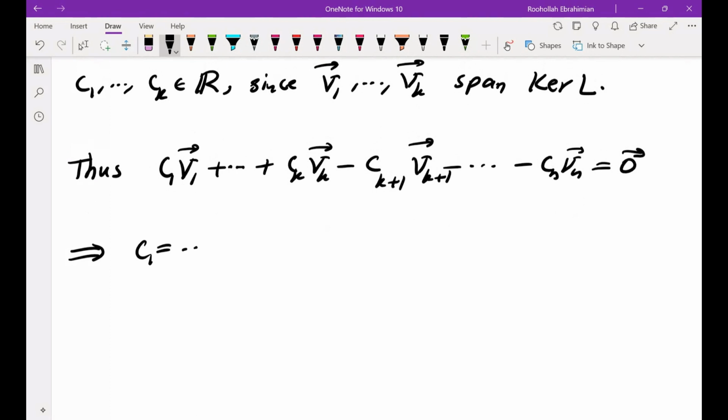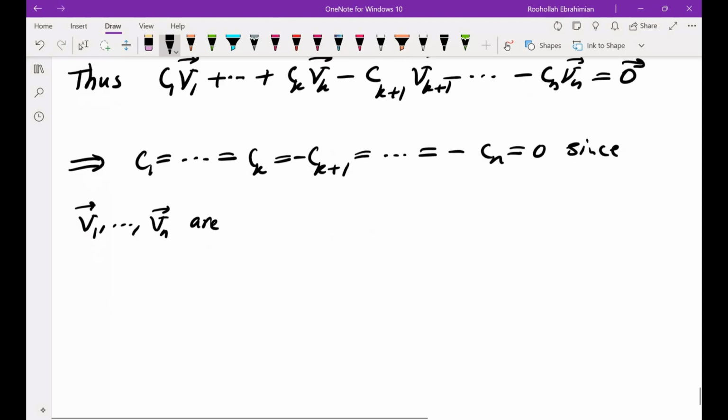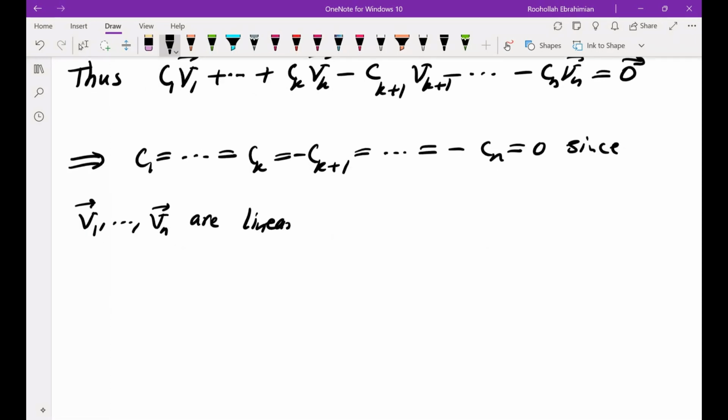So that means c_1 through c_k, c_{k+1}, in fact negative of those, are all 0 since v_1 through v_n are linearly independent. So the coefficients c_{k+1} through c_n are also 0.